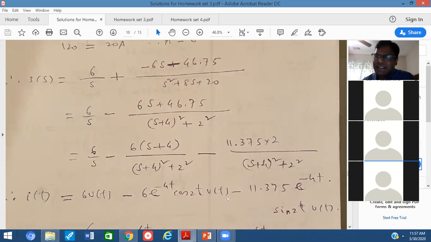So everybody understands? But do you understand my approach, what I am doing? So everybody made a mistake on this one, like you did V equals L di by dt, because you attempted the time domain.